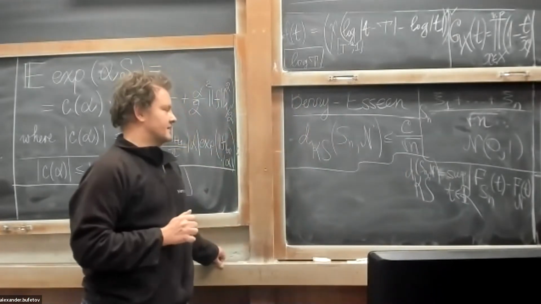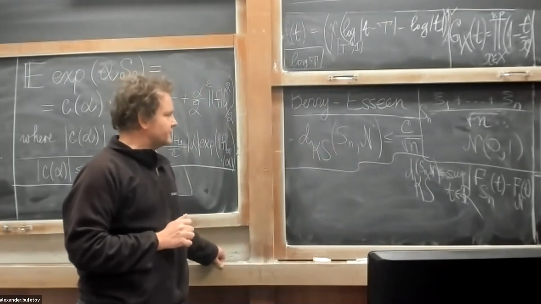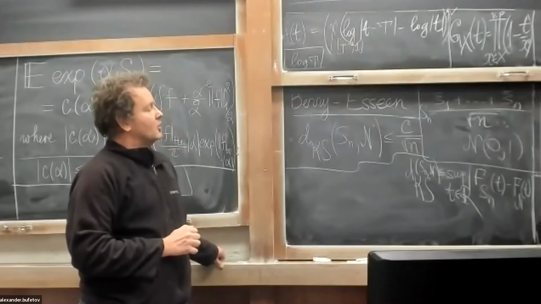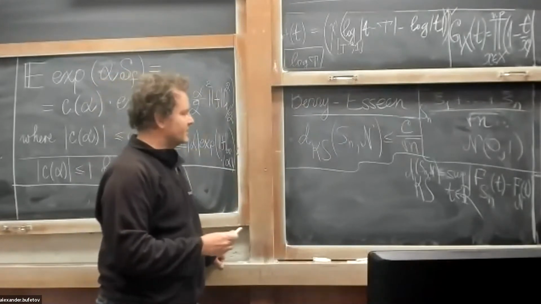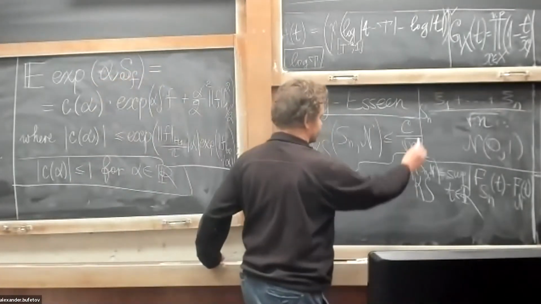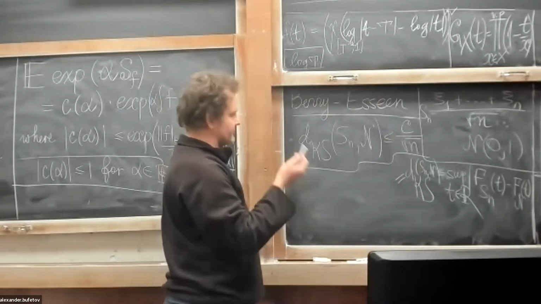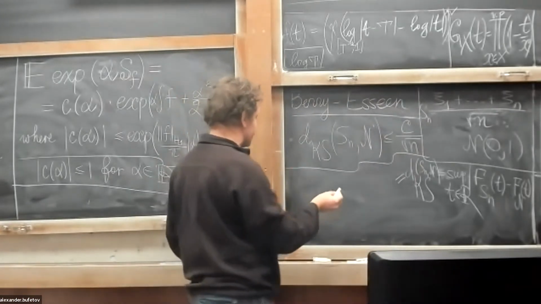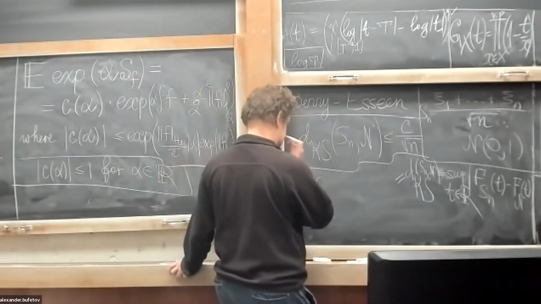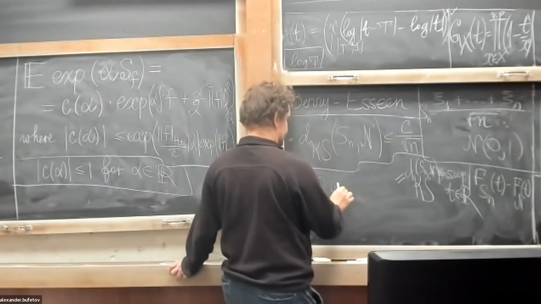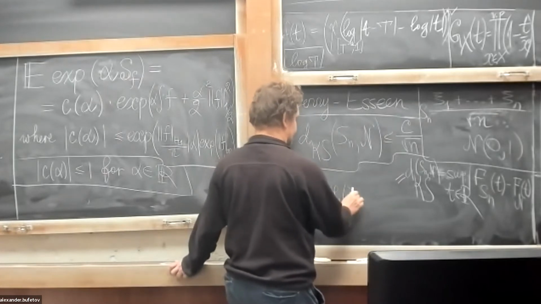How is the Berry-Esseen inequality proved? It is proved with the help of a formula, which is also often called the Berry-Esseen inequality, which is the estimate of the Kolmogorov-Smirnov distance in terms of characteristic functions, and it is usually written like this.